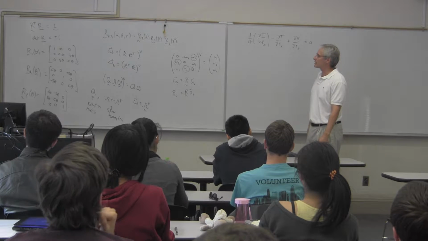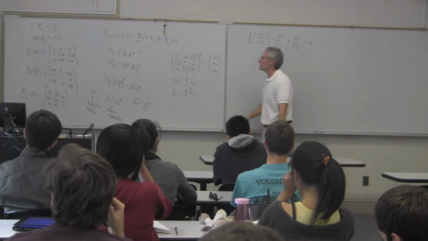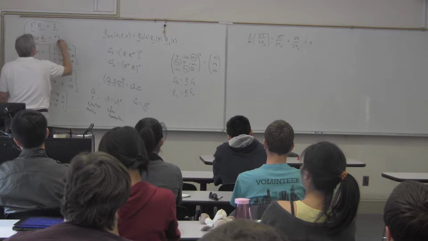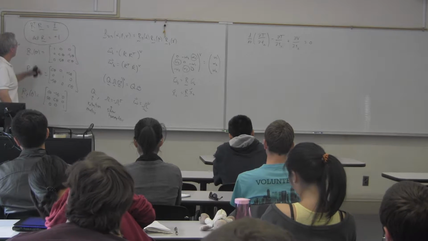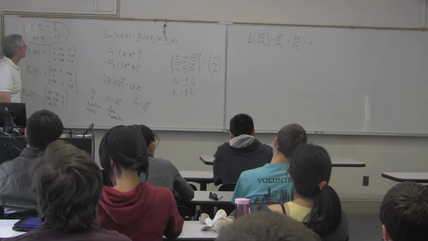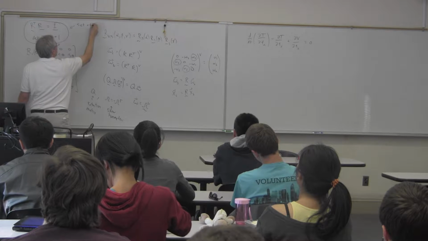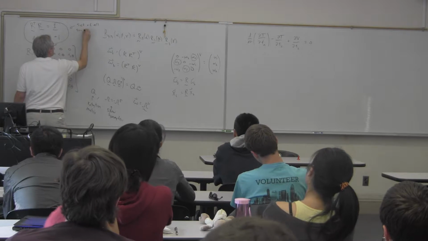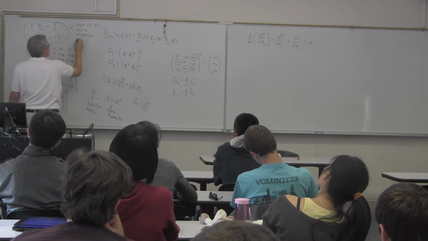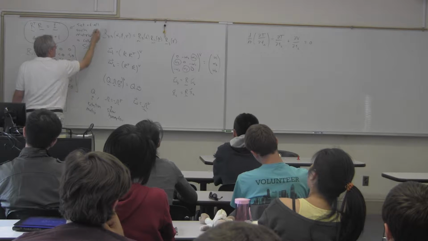Just as a little side note before we start, there's certain notation that is used. So when talking about the set of all possible 3x3 rotation matrices, the set of all such matrices is called SO3.